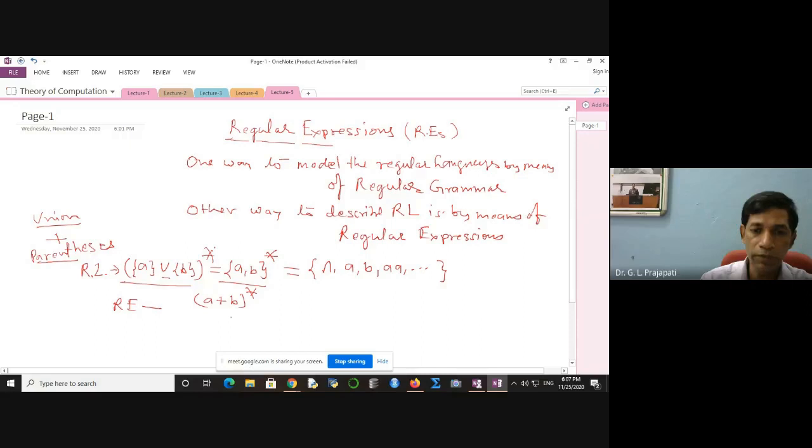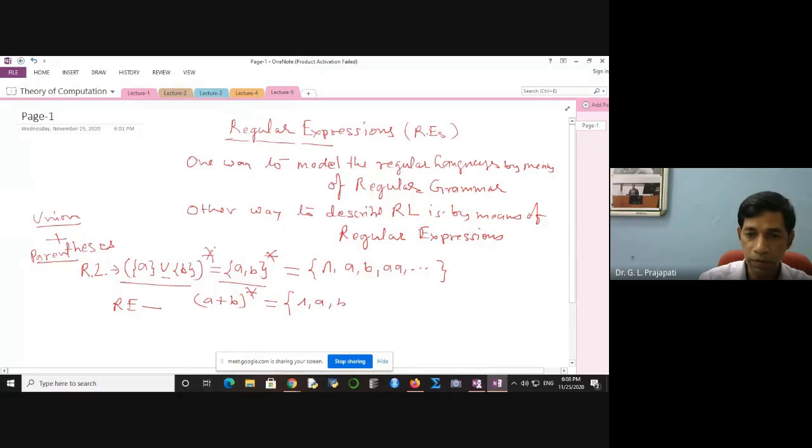And once you have the regular expression, you can denote what kind of set it is going to represent. So here, the Kleene star has the same meaning: the string of length 0, or any combination of strings consisting of either a or b, of length 1, 2, 3, 4, 5 and so on.